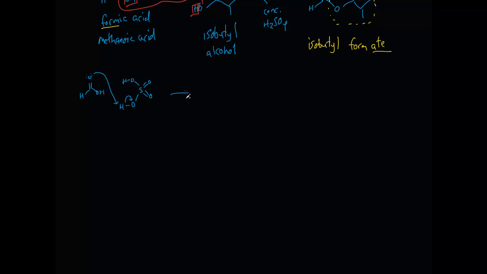And then once it abstracts a proton, our pushing of electrons is going to go this way onto this oxygen. So what you have is a positive charge on that oxygen, and you're left with kind of the anion of what was originally sulfuric acid, O minus, right, which lost its proton.